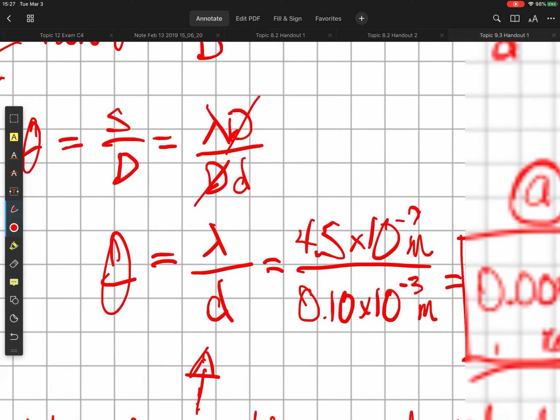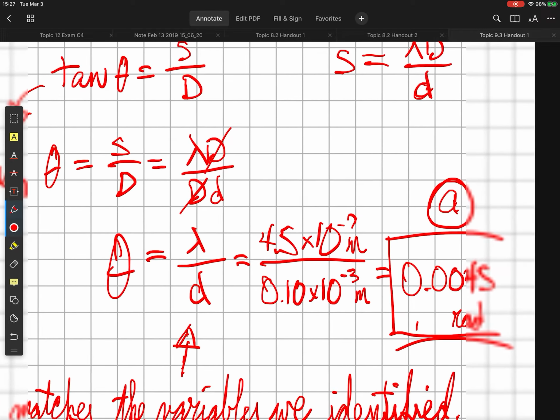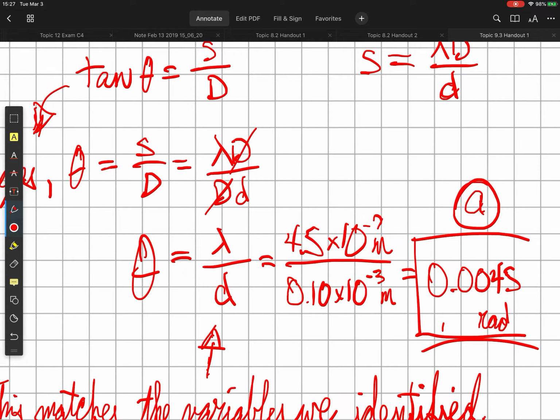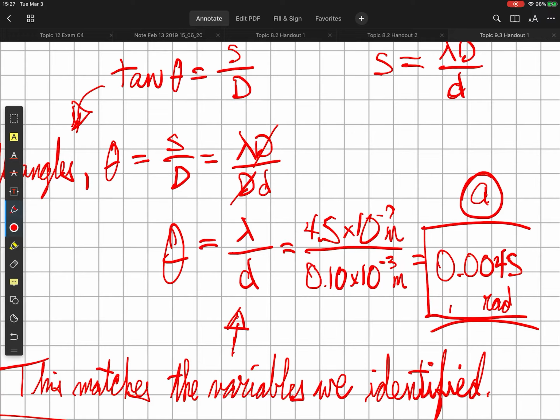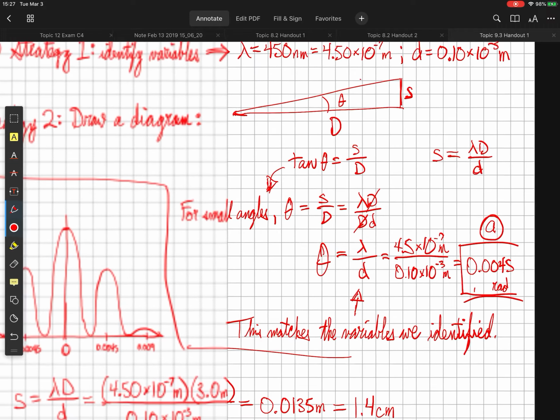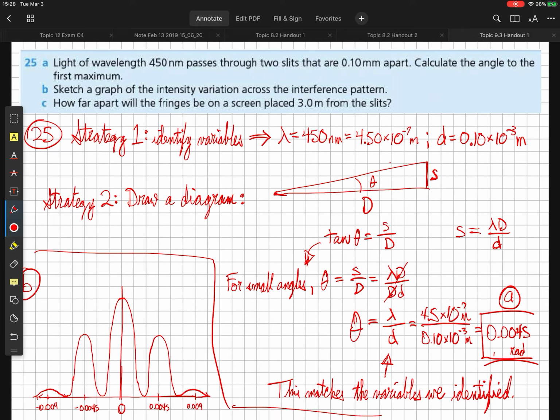And what you will find here is that angle is equal to wavelength divided by small d. And I can plug in my values here, and I will get an answer of 0.005 radians for part A. So that is to my first maximum.